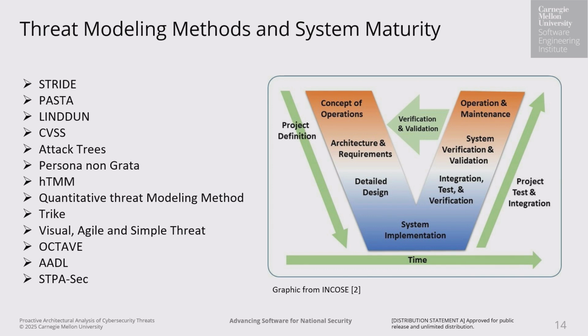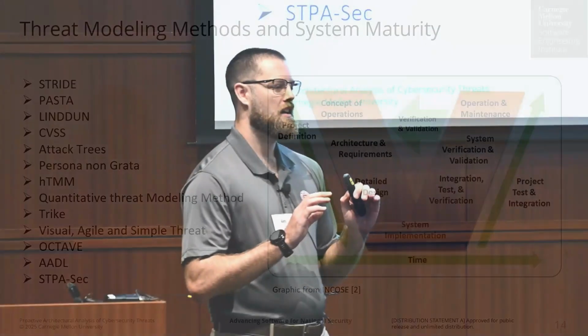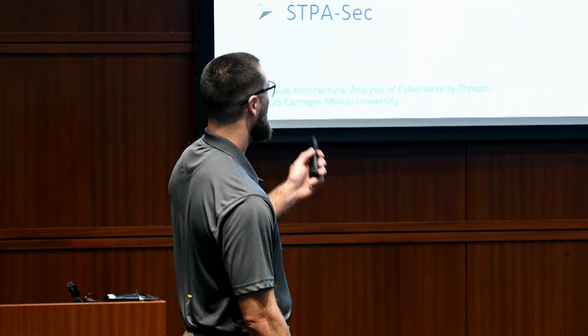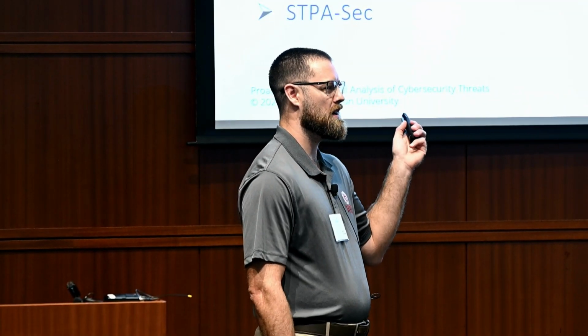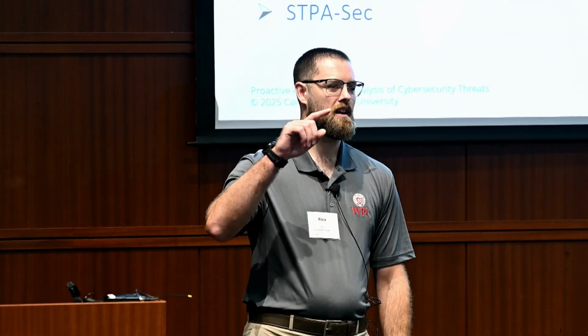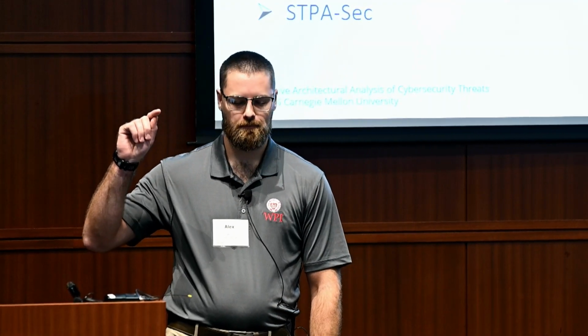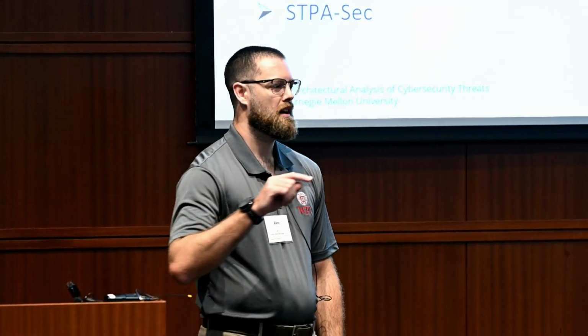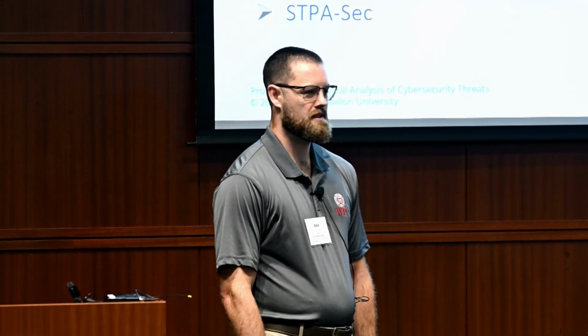Let's say your system is in the system implementation phase and you've done your modeling well, and you have state machine diagrams for your entire system state. Attack trees are probably going to be a bit better. You're going to be able to follow through those state machine diagrams and see how an attacker is going to progress through the system.